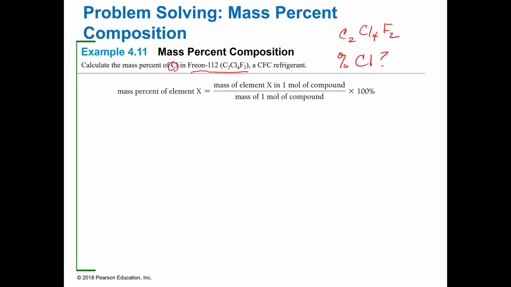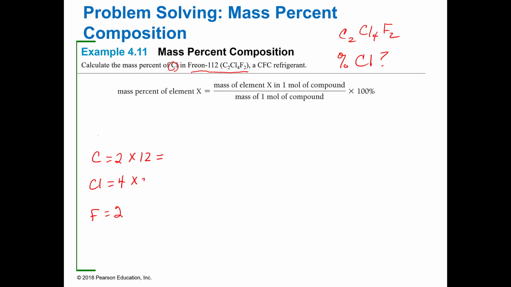So the way you do these problems is you set it up just like you're doing a molar mass. We have the C, we have two of those, Cl, we have 4 of those, and F, we have 2 of those. And then if you recall, we multiply them by the atomic mass of each one.